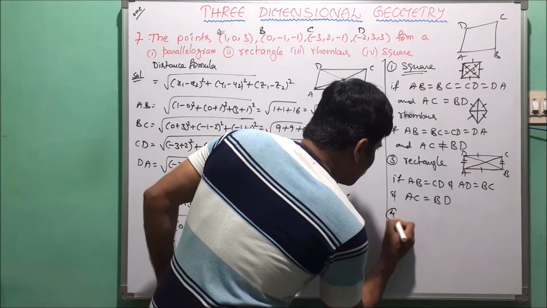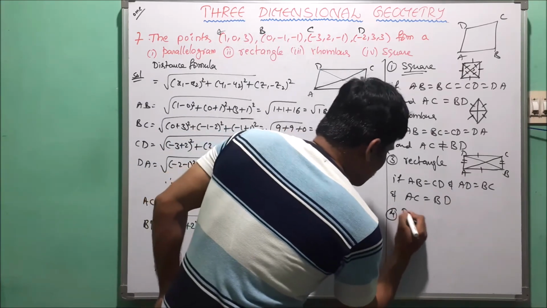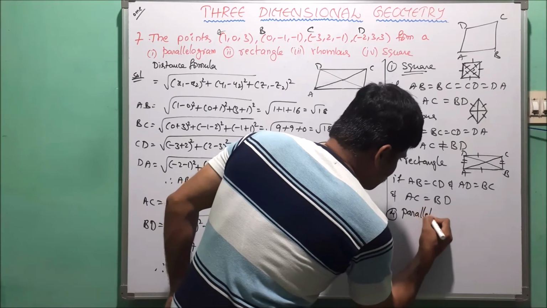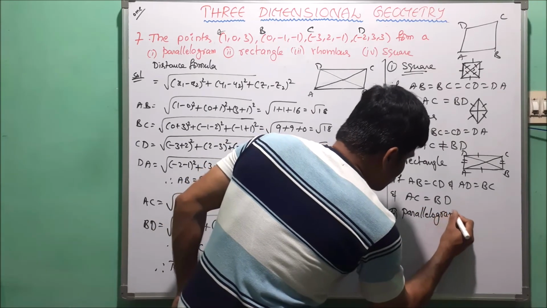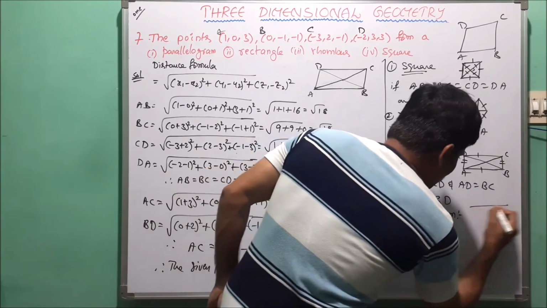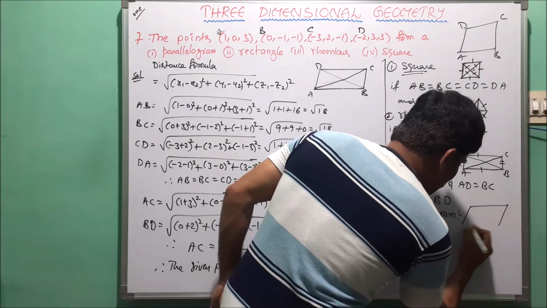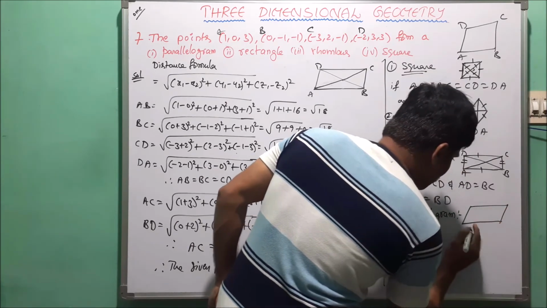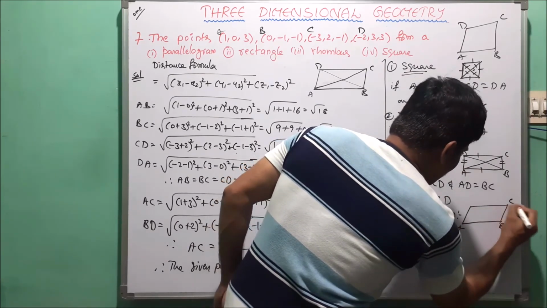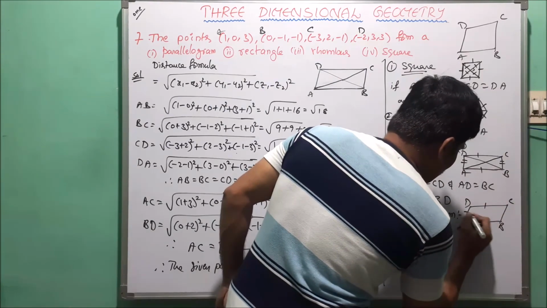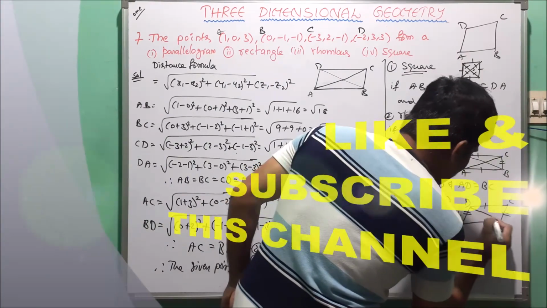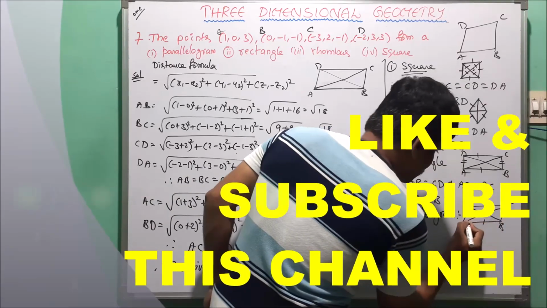Similarly, the fourth condition, parallelogram. In that, opposite sides are equal, but diagonals are not equal. So this is A, B, C, D. Here opposite sides are equal, diagonals are not equal.